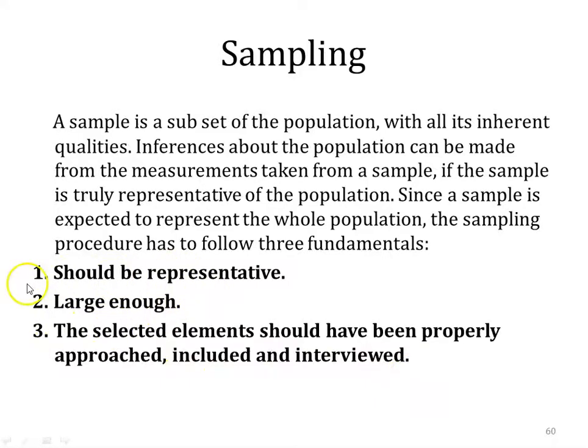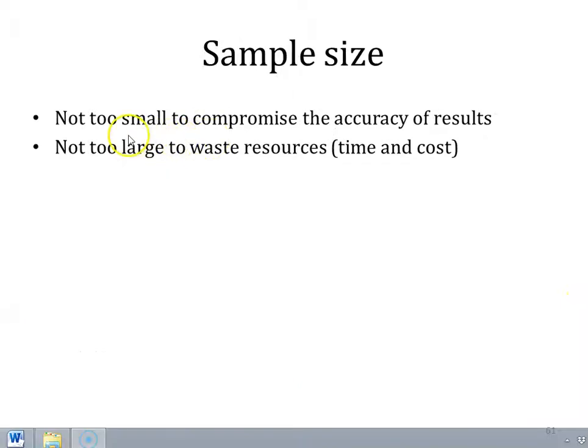First of all, I will discuss how large enough the sample should be. It should not be too small to compromise the accuracy of results. If the sample size is very small, the quality and the accuracy of our evidence is lowered.